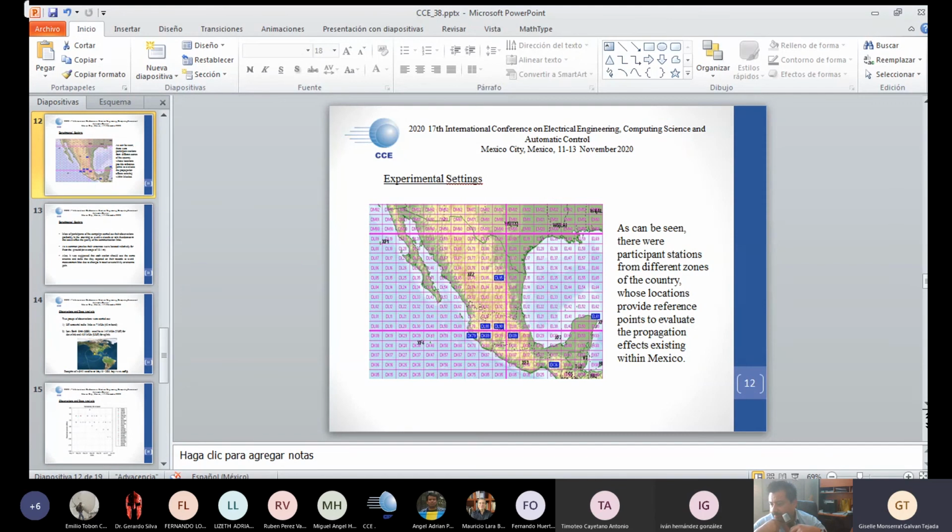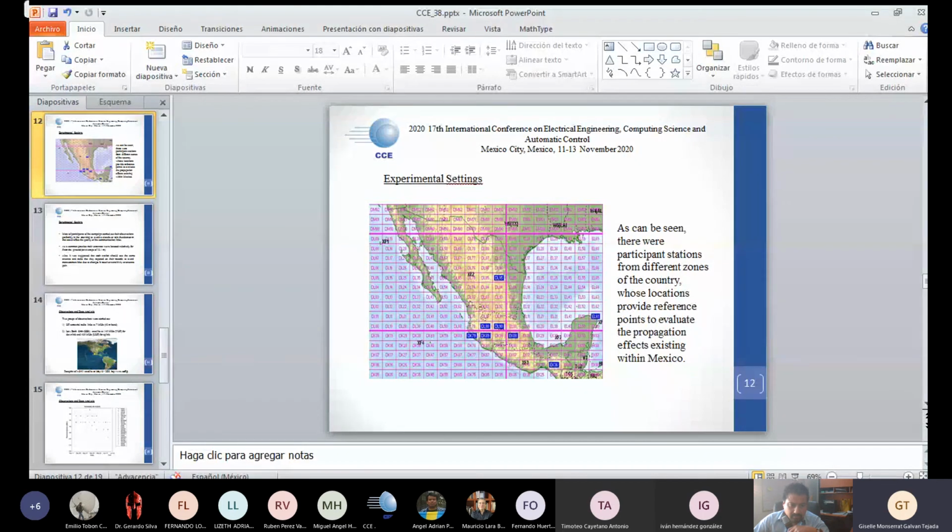Yes, that's right. And if more stations had participated, how would that have changed the results that you got? Yes, I think that probably it doesn't change in a significant form, because unfortunately for those days, the sun activity was very, very calm.